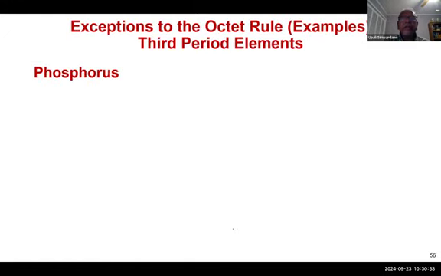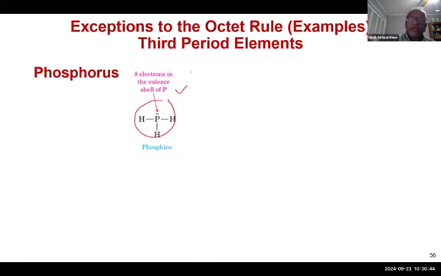So let's identify some of these. Phosphorus is a third period element. This is the normal one with 8 electrons, that's okay with the octet rule. This one, phosphorus pentachloride, has 5 bonds. There are about 10 electrons. This is the exception to Lewis structures.